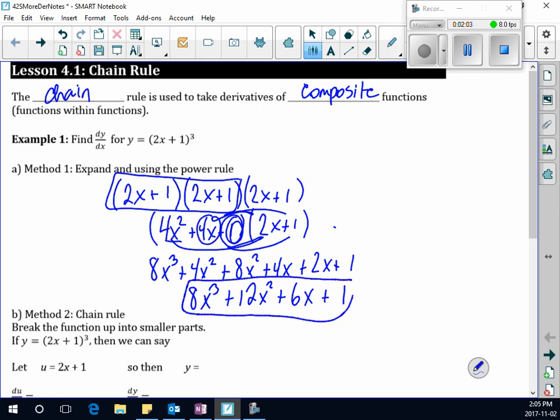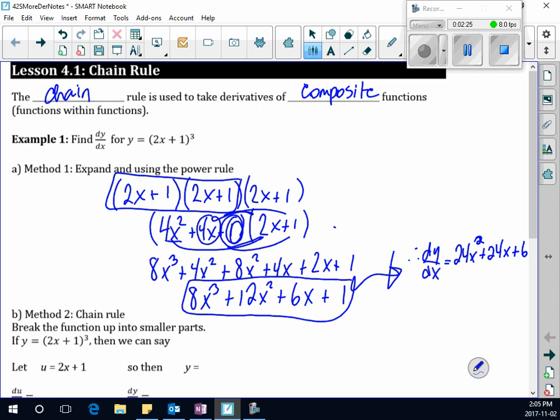So then we need to find the derivative of that, yes? So therefore, dy/dx equals 24x squared plus 24x plus 6. Everybody good?